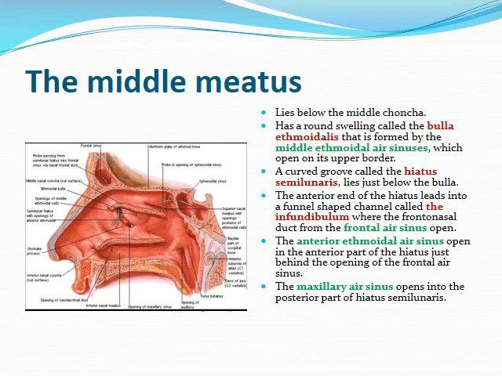Just below the bulla ethmoidalis, you can see a curved groove. That curved groove is called the hiatus semilunaris. So it lies below the bulla ethmoidalis, anterior to and below the bulla ethmoidalis. The anterior end of the hiatus semilunaris leads into a funnel-shaped channel called the infundibulum.